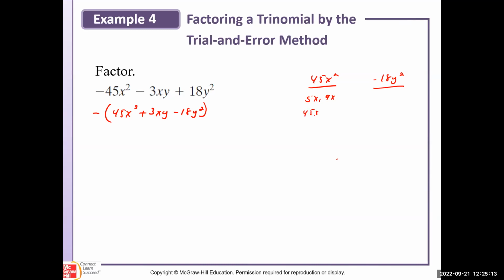I'm gonna have 45x and x. Here, I'm gonna have negative 18y and y. I'm also going to have 18y and negative y.